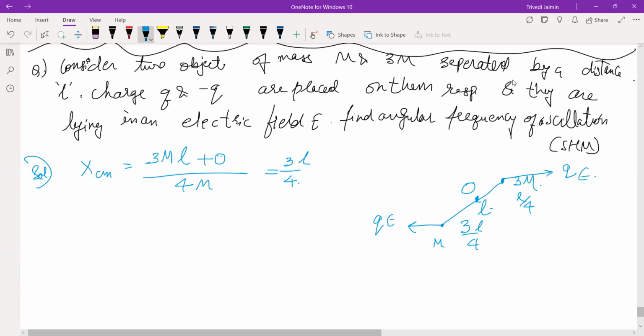Even this is obvious. If you don't calculate it, it is obvious because the mass is more here. We need to hold our object near the greater mass, so that it will be in equilibrium.